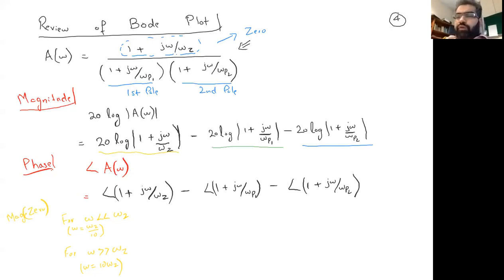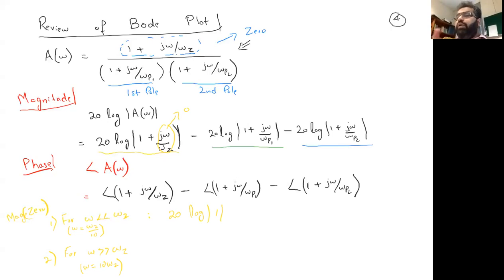So for the first case, if omega is less than omega z, what's going to happen? Let's plug it in and see. When omega is very much less than omega z, this factor will become equivalent to 0, so we have 20 log of 1.